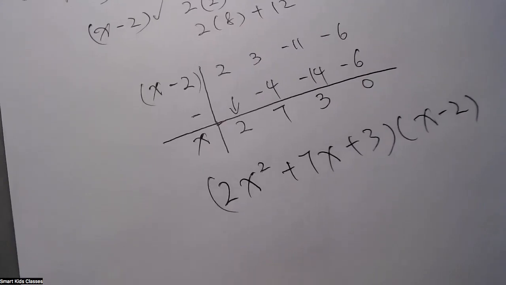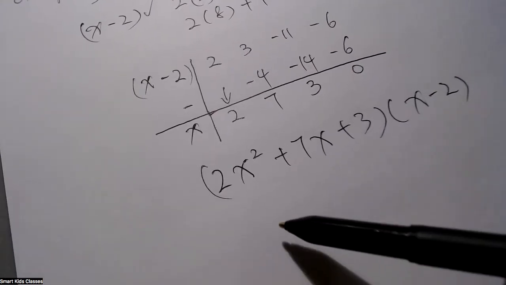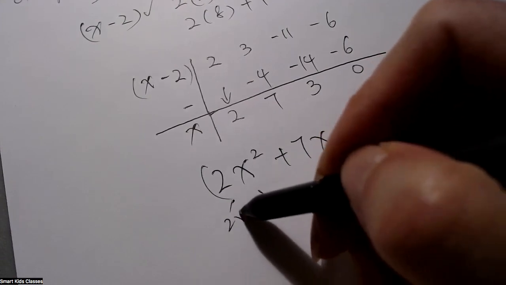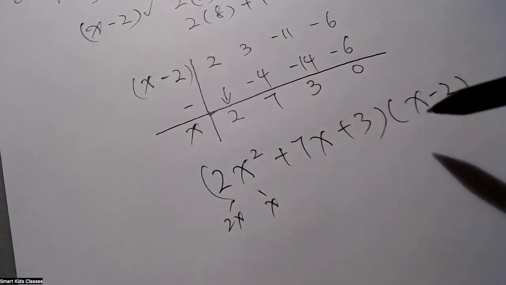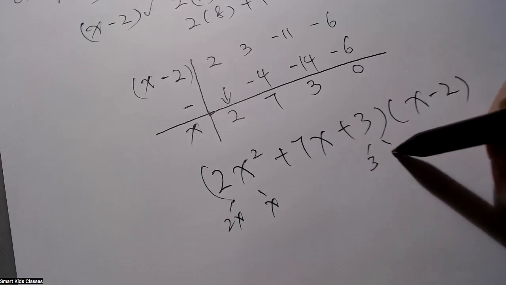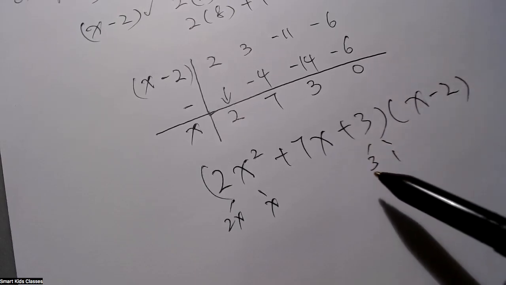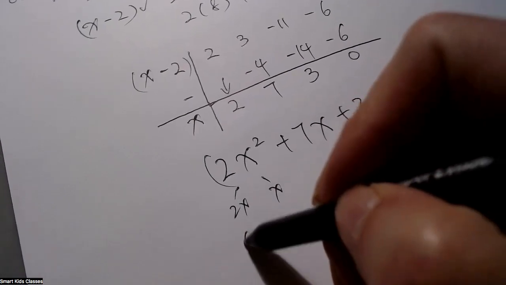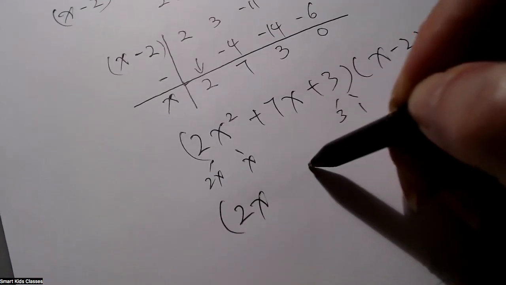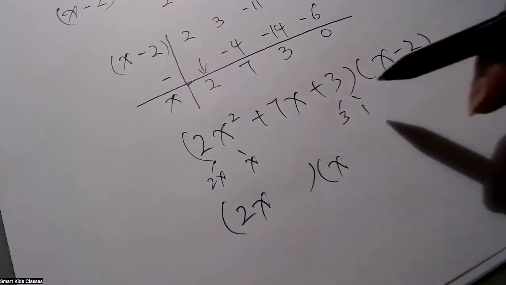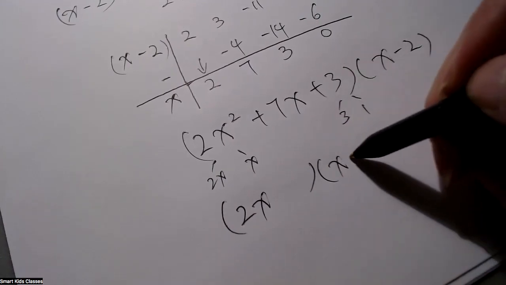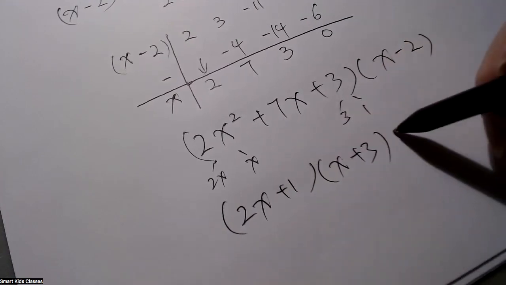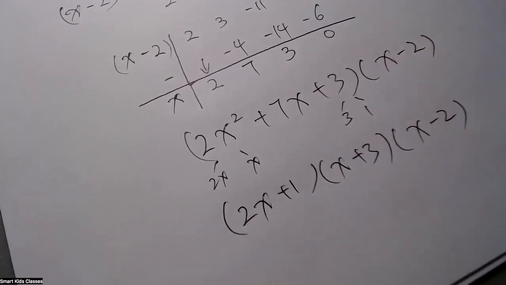From here, we're going to factor this quadratic. We find the combination: 2x and x, and 3 will be 3 times 1. 2 times 3 is 6, 6 plus 1 is 7. Perfect, we got it. So we have 2x, you write the bracket, we want a 6 here, so plus 3 and plus 1, and then x minus 2.